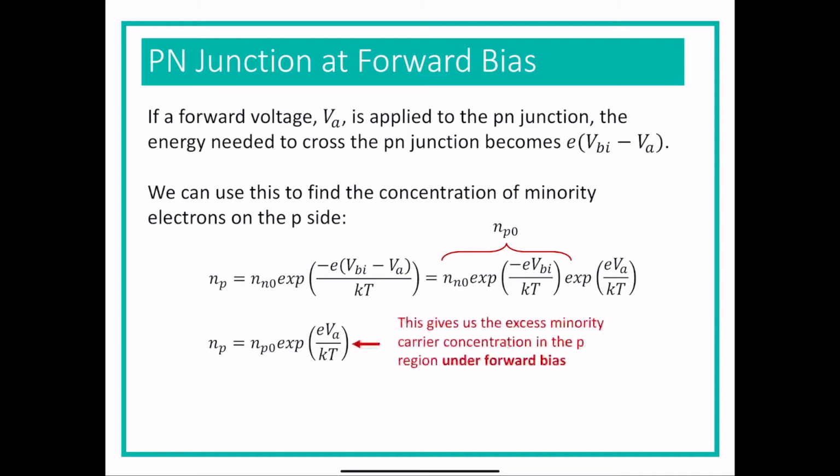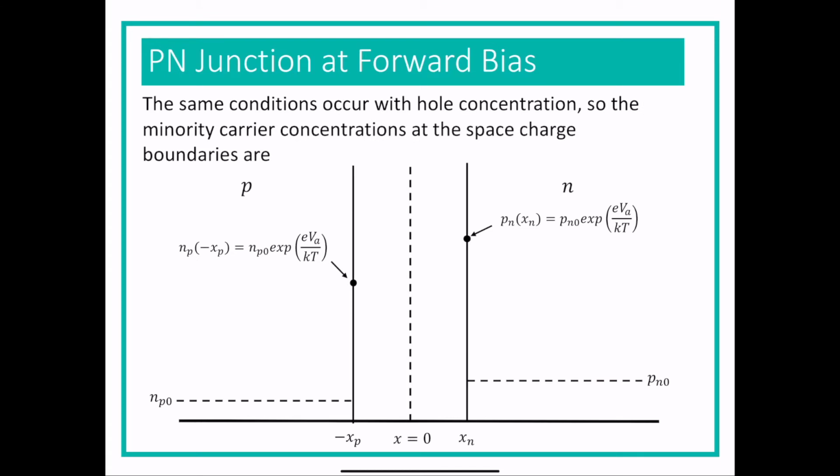So what we're going to do, first of all, we're going to draw this so we kind of see where this is in relation to the depletion region. So at the depletion region, right at the boundary, which occurs at the edges of the width on either side, the N side and the P side, we can actually calculate at X sub N the number of holes in the N region, and then at negative X sub P, we can calculate the number of electrons in the P region.